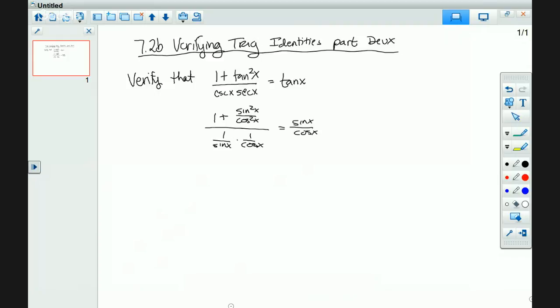Anybody see where to go next? That's where I would head. Fraction division, right? Times, and then inverse of that, or sorry, reciprocal.